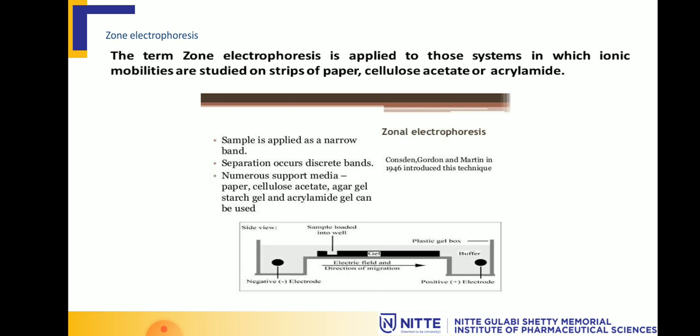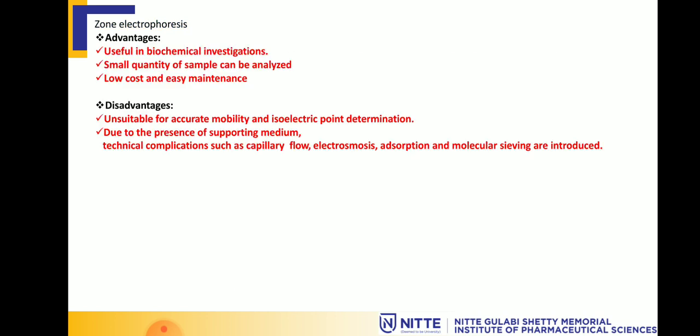And then I have talked about the application of a sample and the supporting system like paper and cellulose acetate. If you look at the picture, there is a migration of your sample, and the zone is obtained.